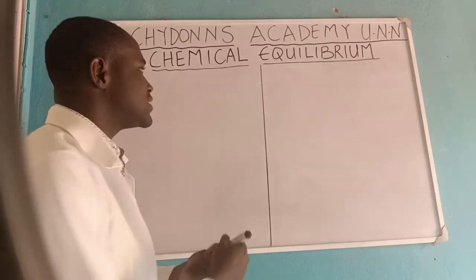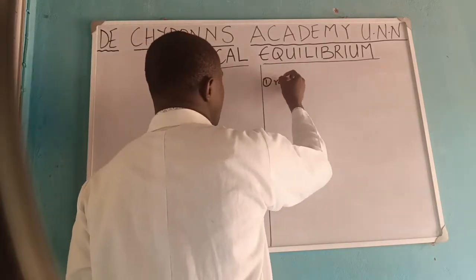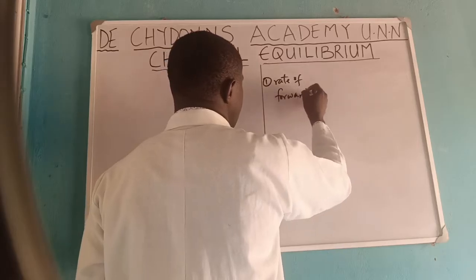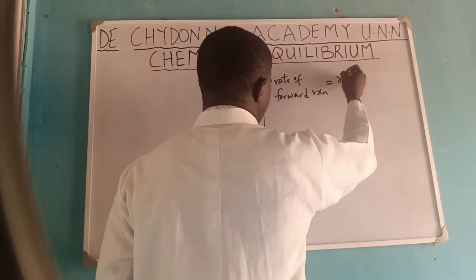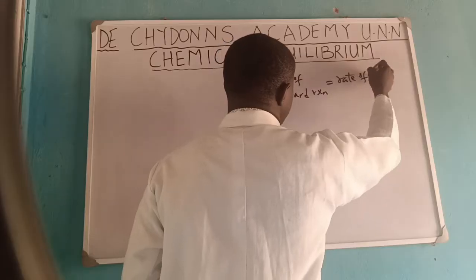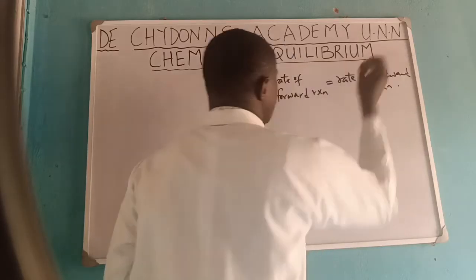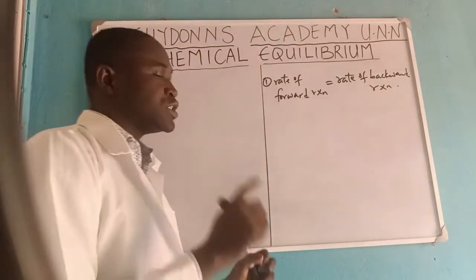Let's write it. Rate of what? Forward reaction equals the rate of what? Backward reaction. That is about one condition.